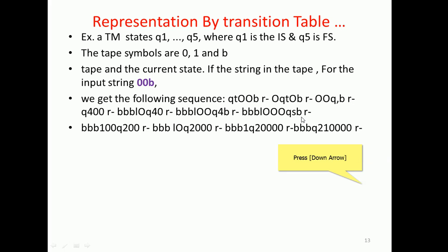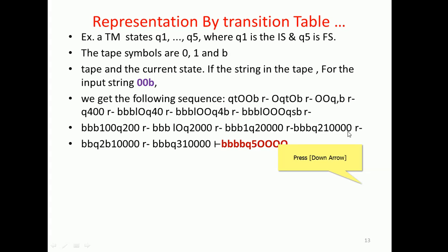So BB1 Q2 000. So finally BB Q2 1000. So at the end, BB Q2 B1000, and BBB Q3 1000.